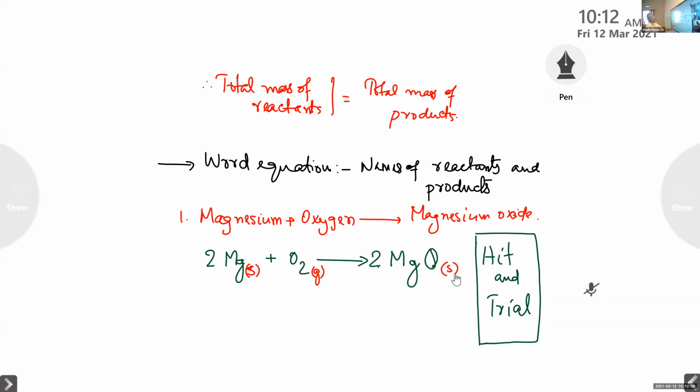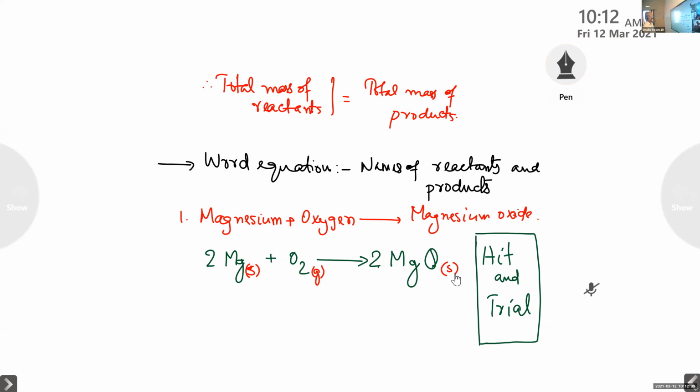You simply write the balanced equation. If it is asked to write the state symbols, then you have to write S, G, or L. Okay, so that is called the state equation. Otherwise, we simply balance the equation.